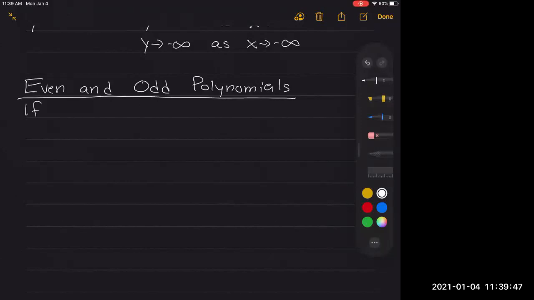So if we have a polynomial, p, and if it's an odd degree polynomial, there are two possibilities for end behavior. Basically an odd polynomial is a polynomial of degree of an odd number, and an even polynomial is degree of an even number.